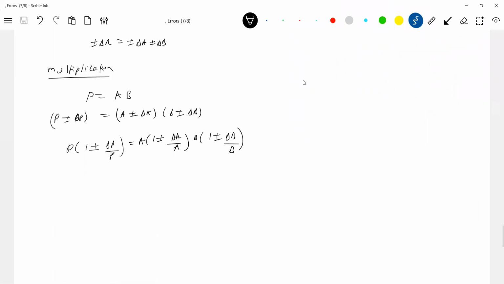Multiplication. So shall we take P is equal to AB? So this will become 1 plus or minus delta P, 1 plus or minus delta A. Expansion of this.